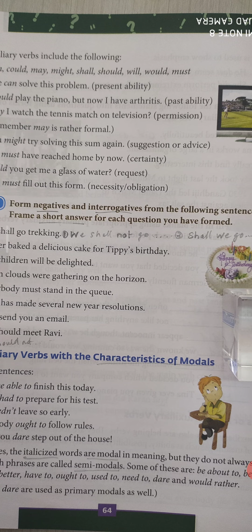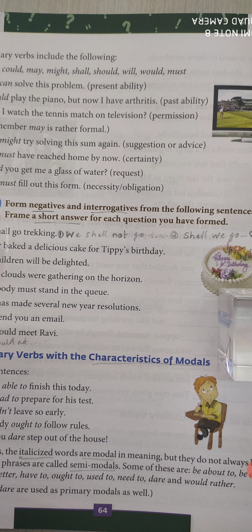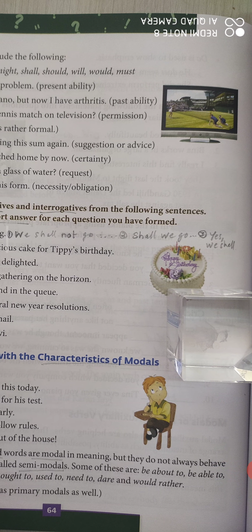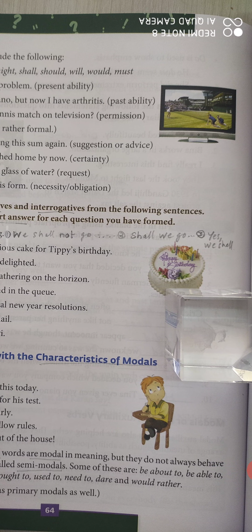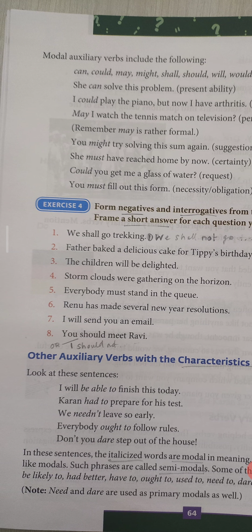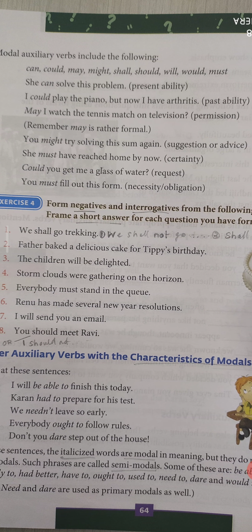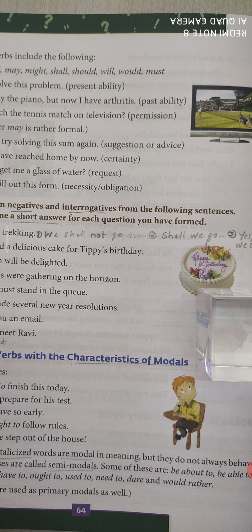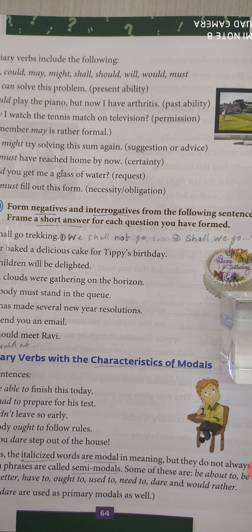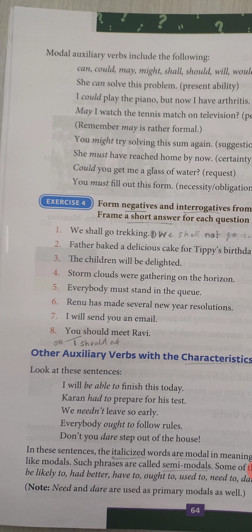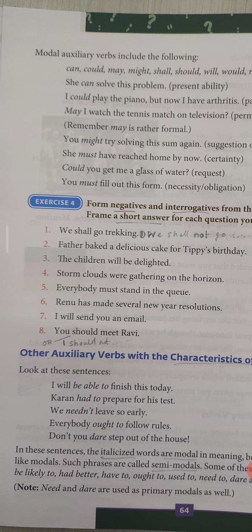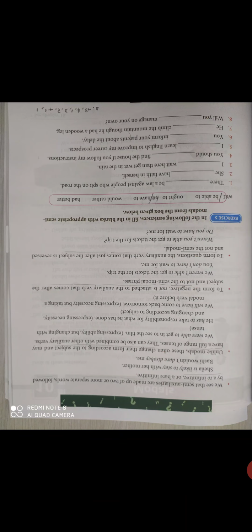Some of these are be about to, be able to, be likely to, had better, have to, ought to, used to, need to, dare, and would rather. Okay? And see, there is a note given down also. Need and dare are used as primary modals as well.